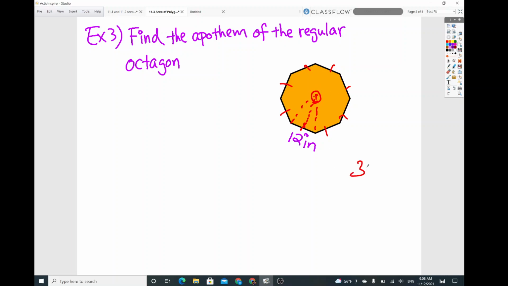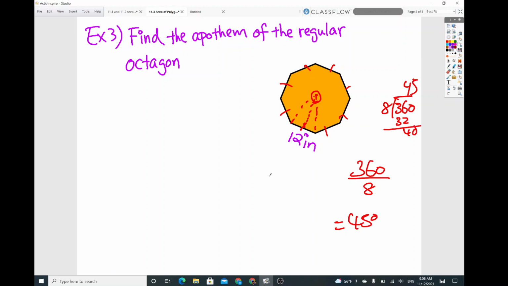So the way to get the apothem, again, using the round circle here, is 360 divided by 8, which is 45 degrees.